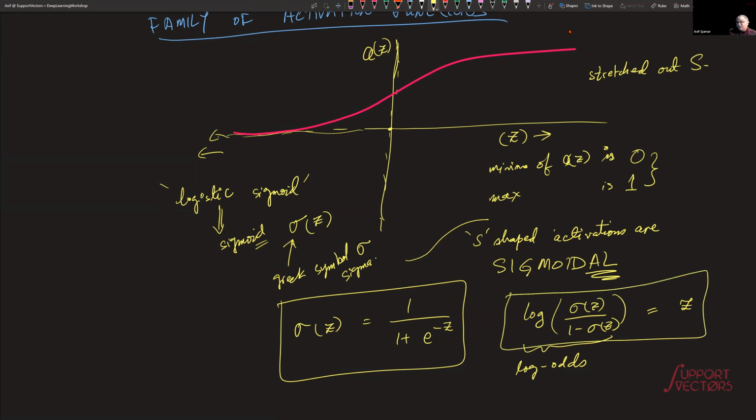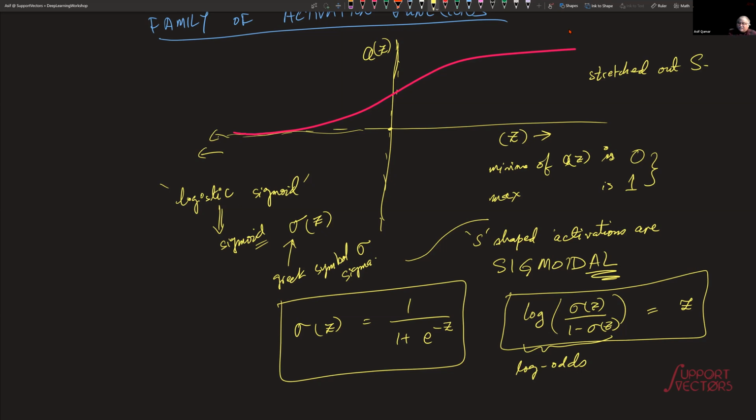The left-hand side term, people call log odds. These days, election season is on, and most people talk in terms of odds. What are the odds that this guy will win a Senate seat or the presidential election and so forth. Odds are numbers, like 100 to 1, or 10 to 1, odds for and against.